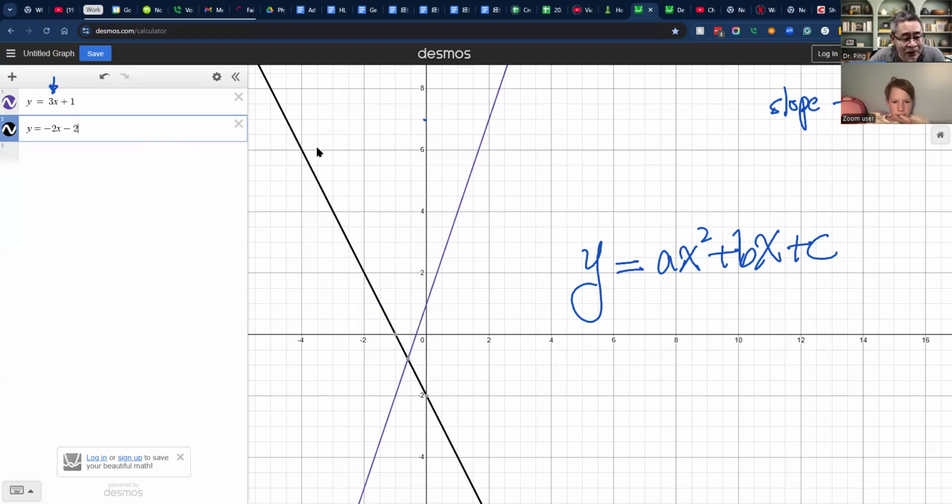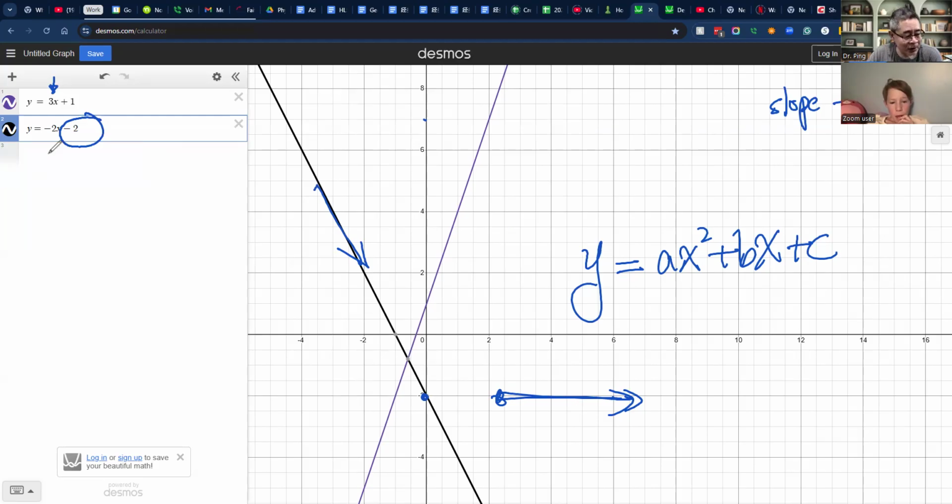Now you can see that the negative slope is going down. If we go from left to right, then this is going down, the negative slope. And also, of course, we have the y-intercept, which is negative 2 right here.